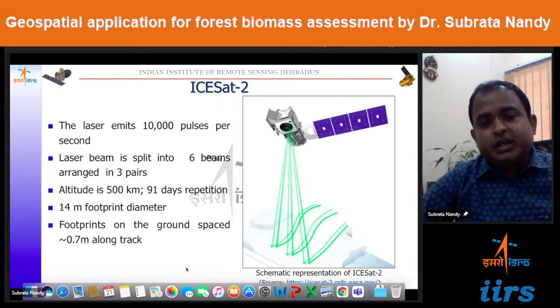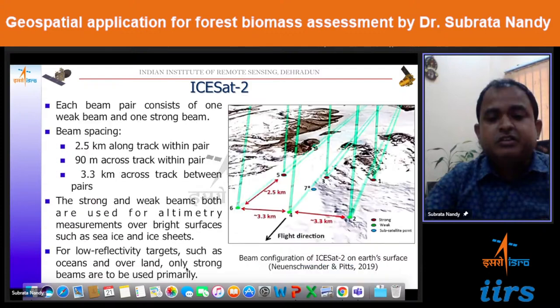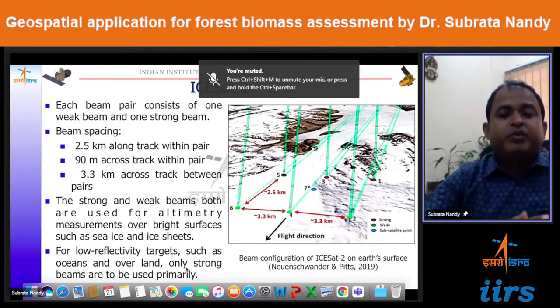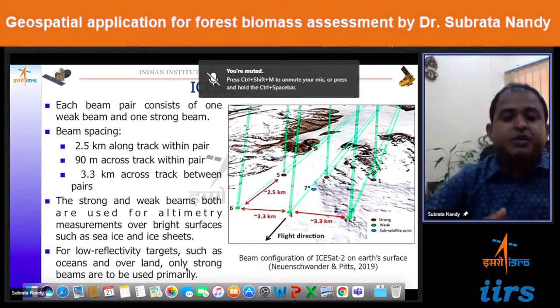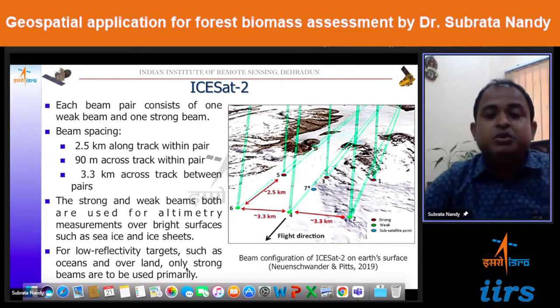If you see the data set, it has 6 beams and 3 pairs, with strong beams as well as weak beams. When you study low reflectivity targets like forest, we should take only the strong beams. We should not consider the weak beams for this kind of study.